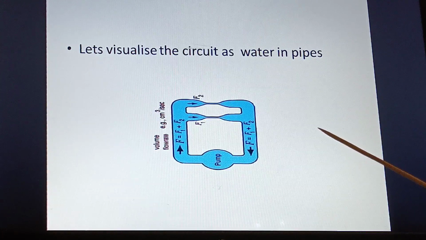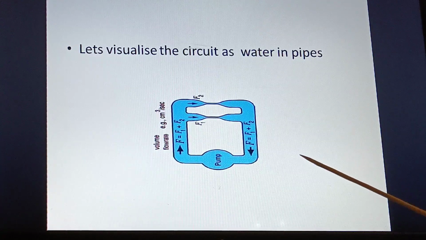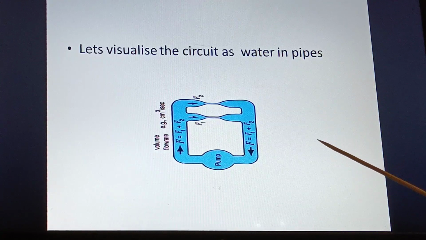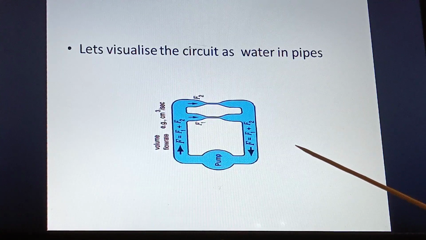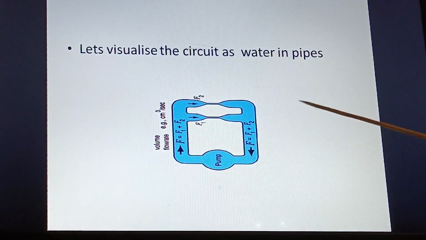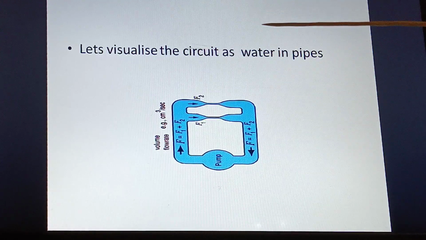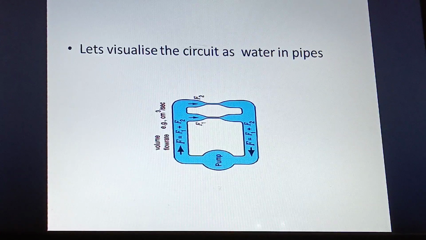The speed of water flowing should also change, isn't it? If the potential difference changes, even the speed of water should change. Does that happen here? No. The water speed throughout will be the same. The water speed throughout this pump will be the same.